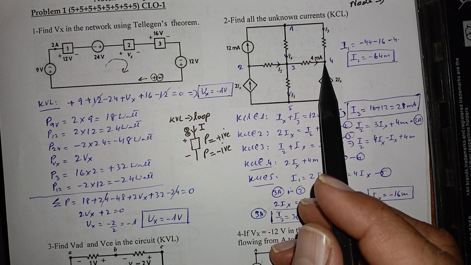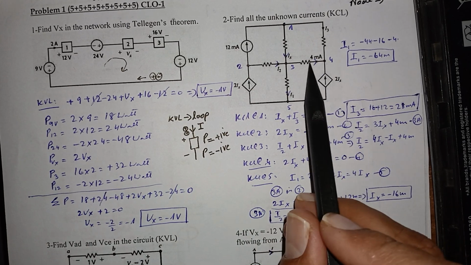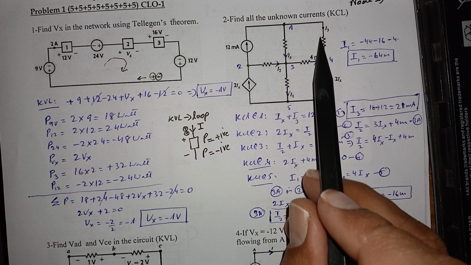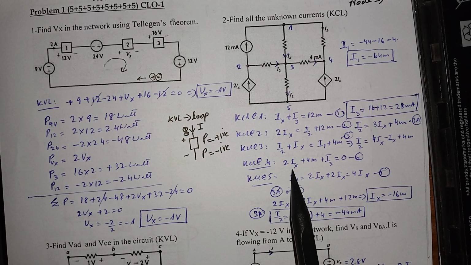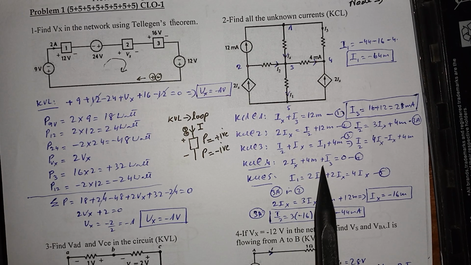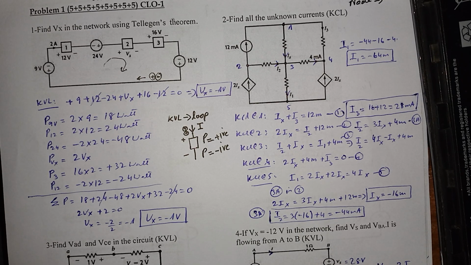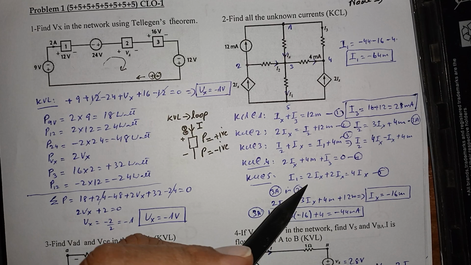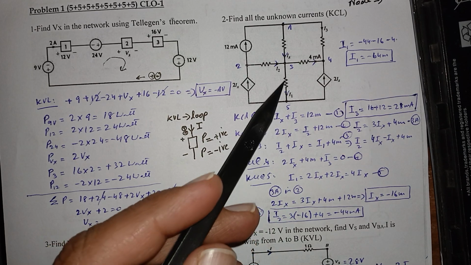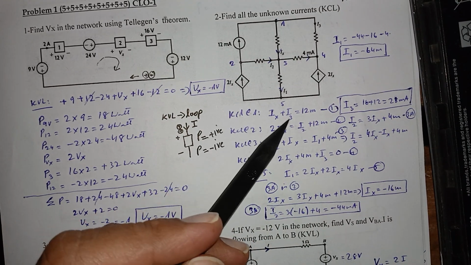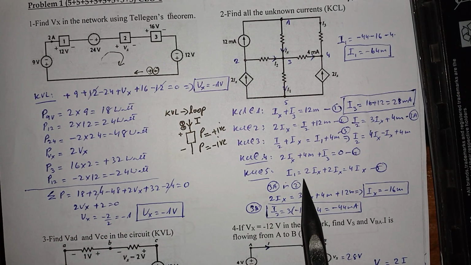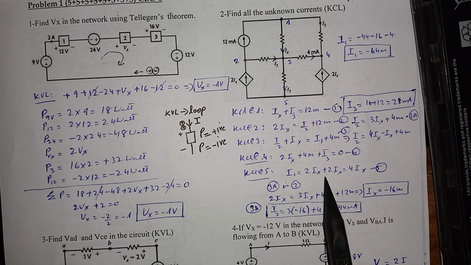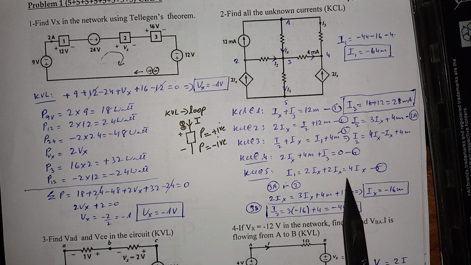Now KCL at the fourth node: 4 milli is entering, and I3 is also entering, and all the currents are entering the node, so they would be on the same side. So 2Ix plus 4 milli plus I3 is equal to 0. Now KCL at node 5: this is entering, this is leaving, and 2Ix is also leaving, so I can write the entering on one side and the leaving on the other side. This ends up as I1 is equal to 4Ix.